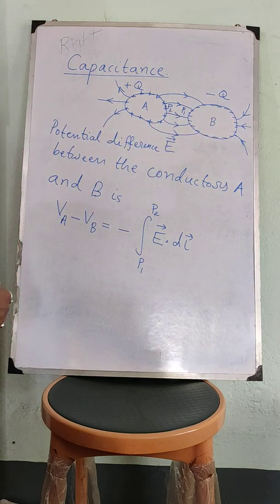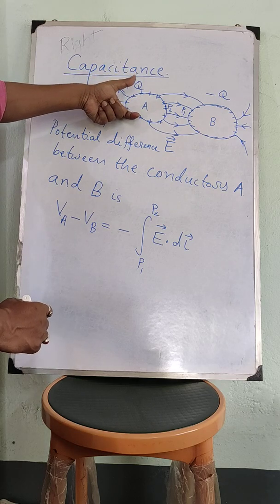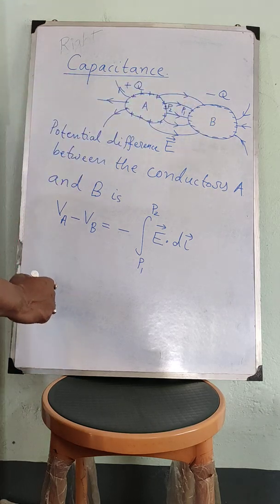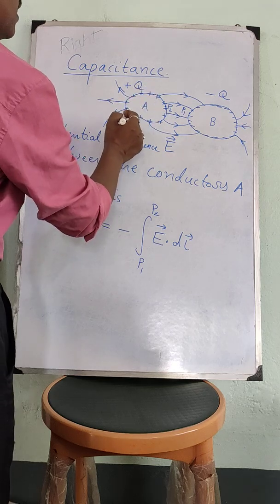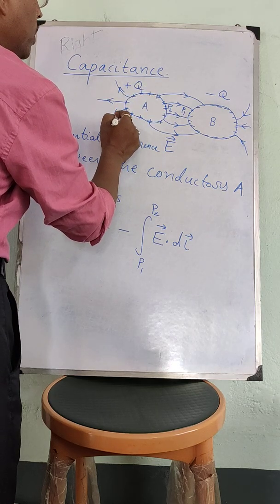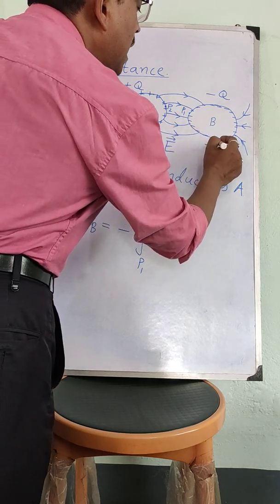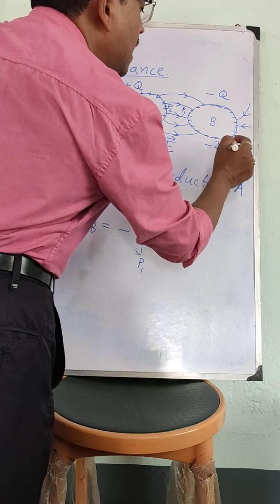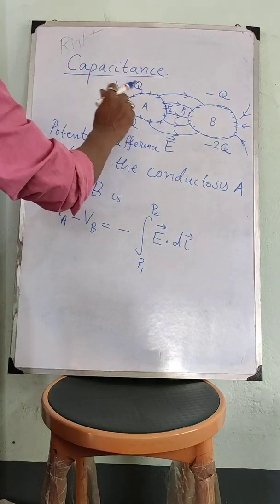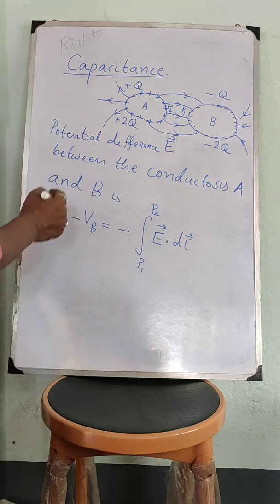Okay, now suppose I double the charge on A and also on B. Suppose I make the charge on A plus 2q, and here I make the charge minus 2q, that is, I am doubling the charges. So what will happen?